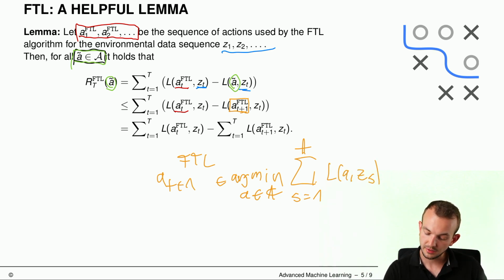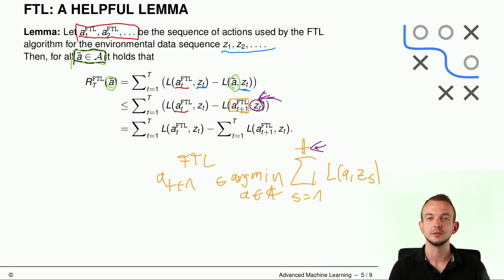And the important thing to note here is we are looking also at the environmental data point in time step t, and we would use it here exactly in this case, although we would know it. So this is a theoretical consideration which will be helpful.